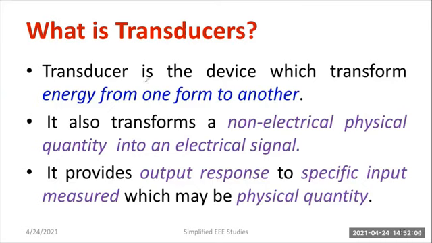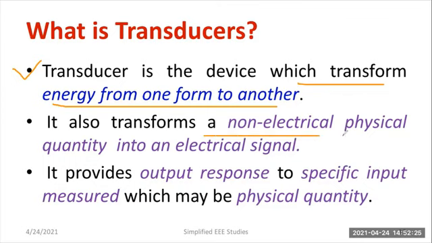So we can define transducer as follows. Number one, a transducer is a device which transforms energy from one form to another form. That is called a transducer. And it is an input device, of course. It transforms a non-electrical quantity into an electrical quantity.